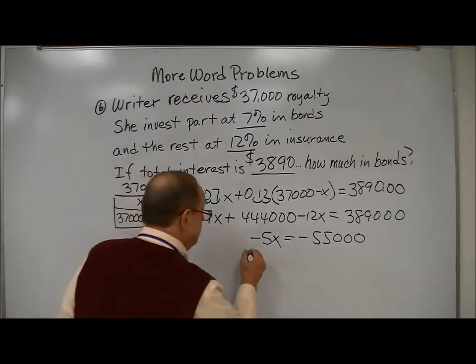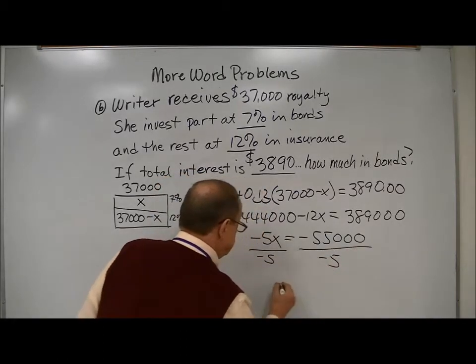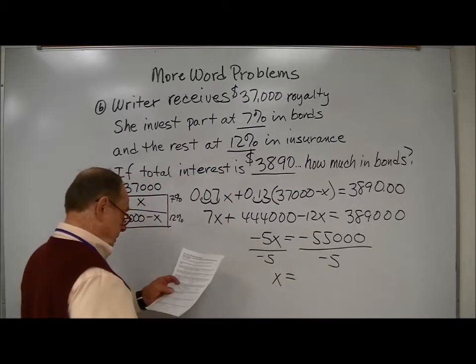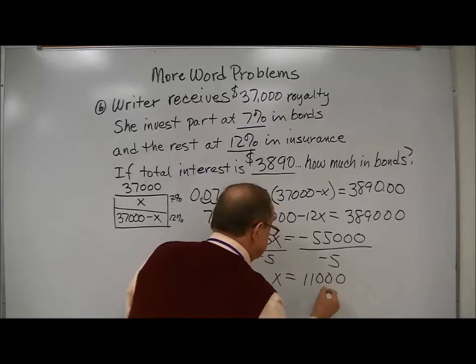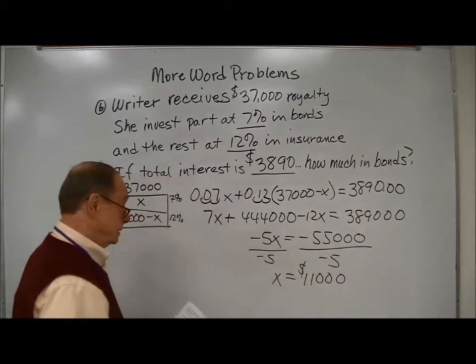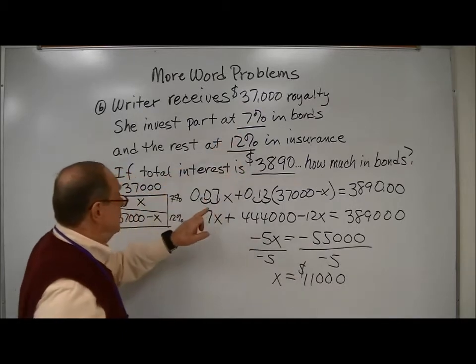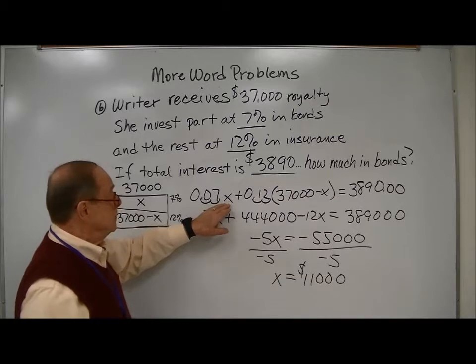And then we're going to divide both sides by a negative 5. And x equals $11,000 that we invested at the 7%, because that's what we had designated as x.